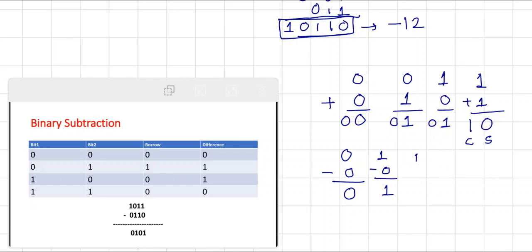Let us consider 1 minus 1. We know that the difference is 0. But the special case is when we talk about 0 minus 1. We can understand that 1 cannot be subtracted from 0 because 0 is smaller.